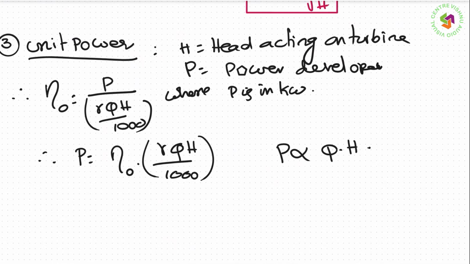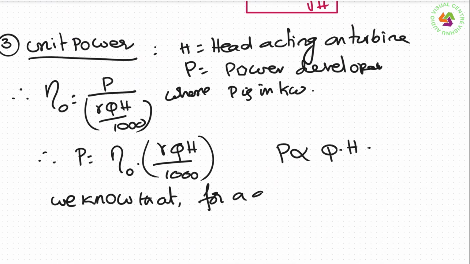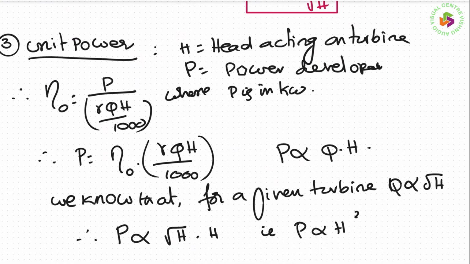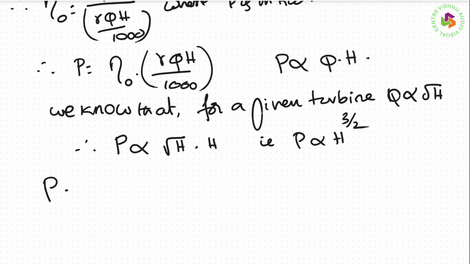And we already know that for a given turbine, Q is proportional to root H. Therefore, P is proportional to root H into H. That is, P is proportional to H to the power of 3 by 2, or P is equal to some K3 into H to the power of 3 by 2.